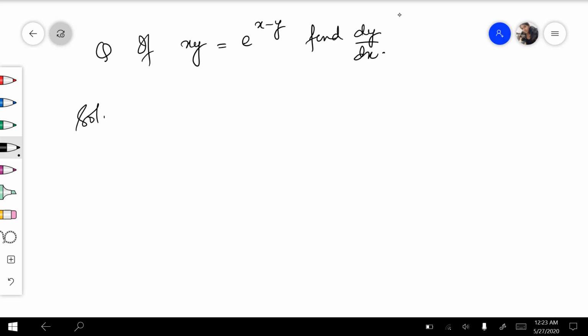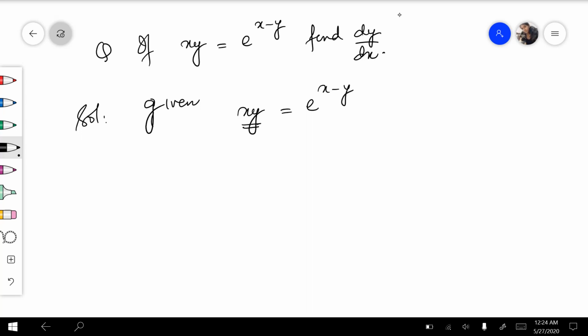So again, if you look at the question, we are having, you can directly move or you can apply log, whichever you feel comfortable. So given is x into y is equal to e raised to power x minus y.